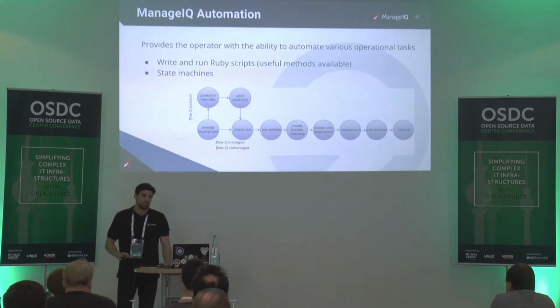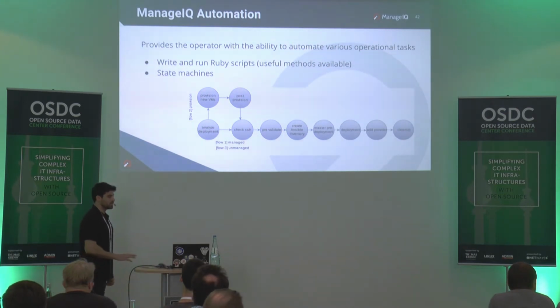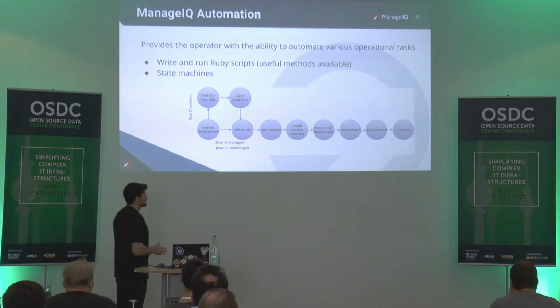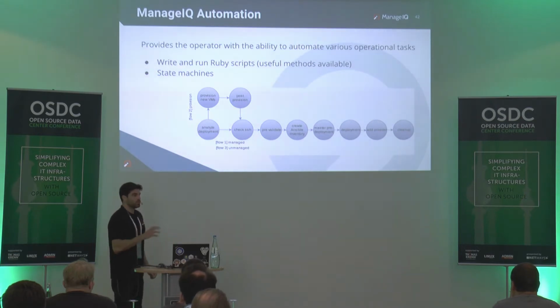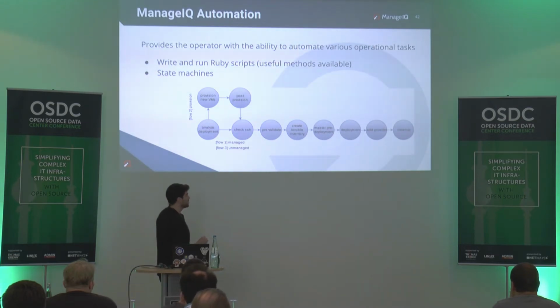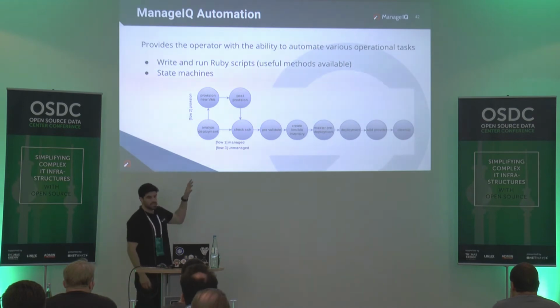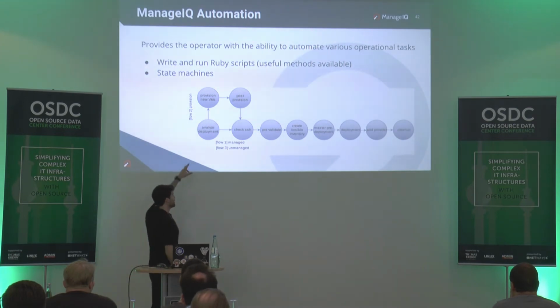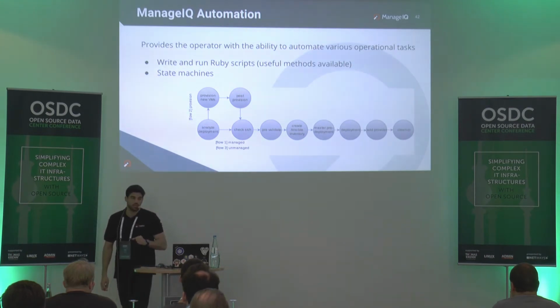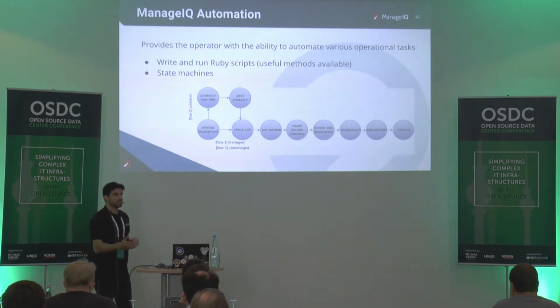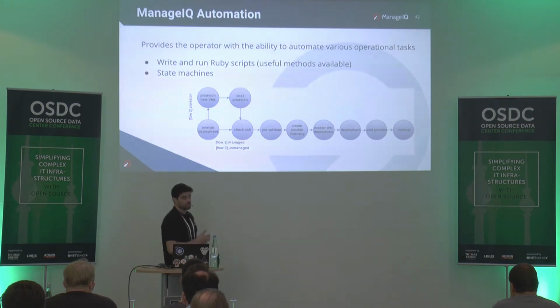A general best practice in the automation engine, even a design pattern, is using state machines. So you define your state, you put all your relevant methods inside this state, and then you define the state transitions. You can define that this state goes to another state B or C. You can define what happens on success, on failure, and the number of retries.